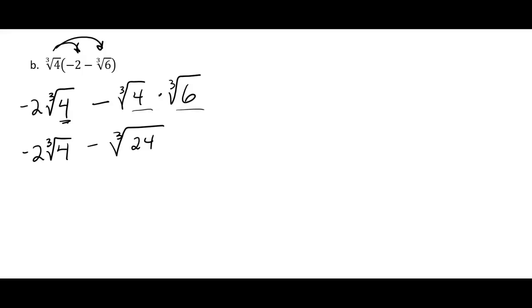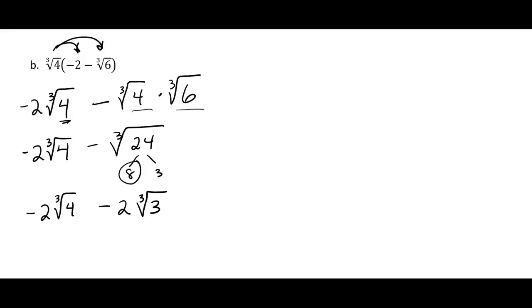But 24 is 8 times 3. So I can take the cubed root of 8. So I'm going to have negative 2 cubed root 4 minus 2 cubed root 3.